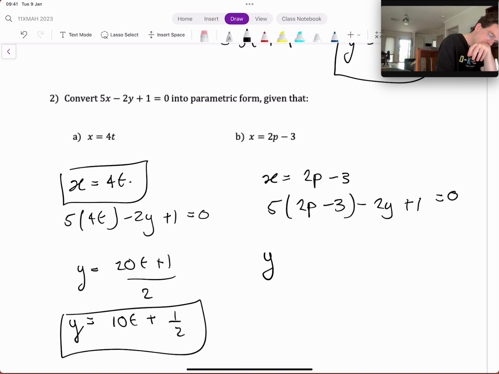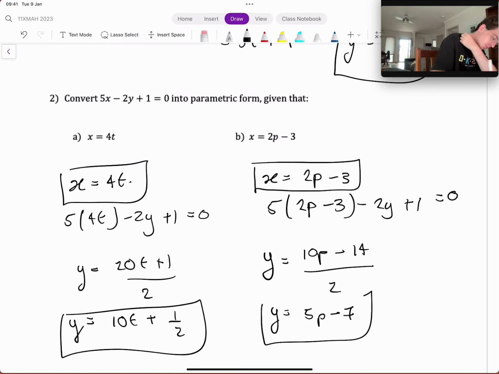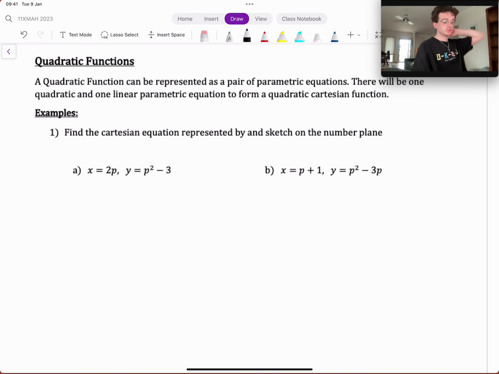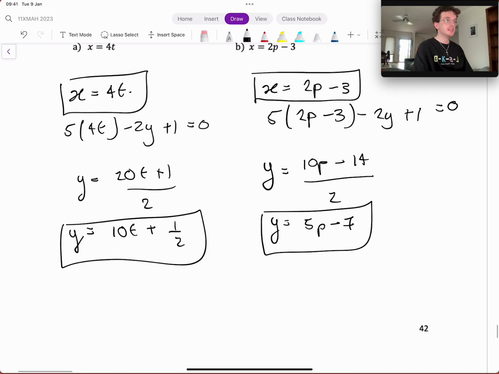You're going to have y is equal to 10p minus 14 over 2. So y is equal to 5p minus 7. Those are your two equations there. Awesome. Okay. I might go back up. Sorry if you didn't get that down.